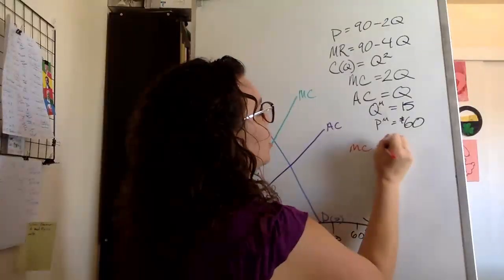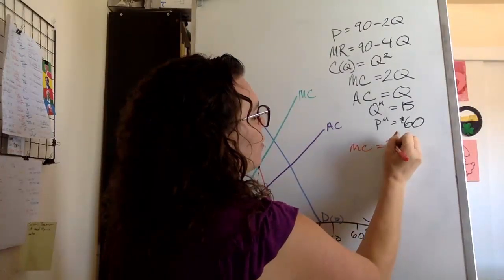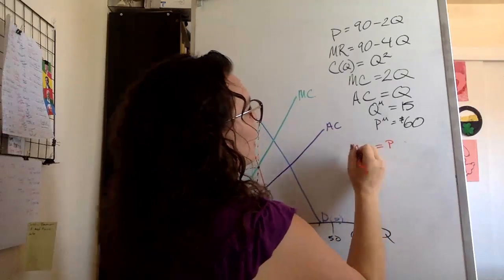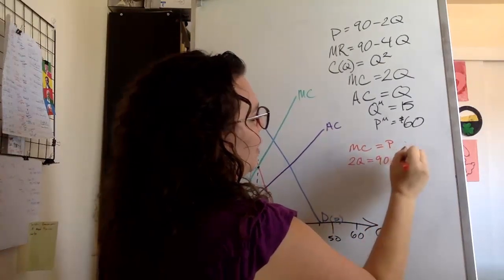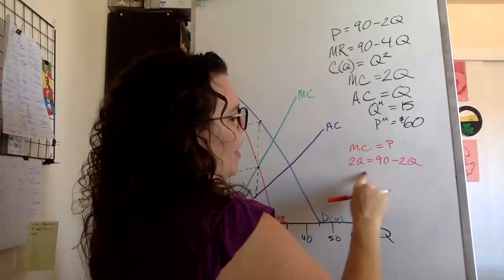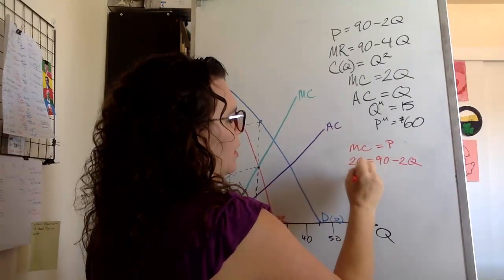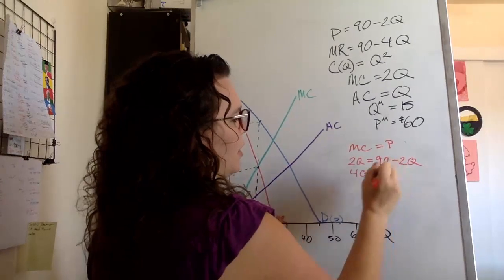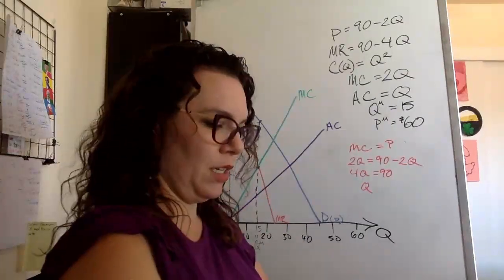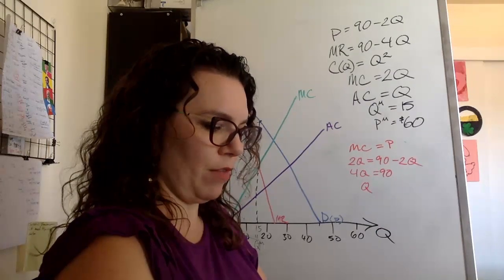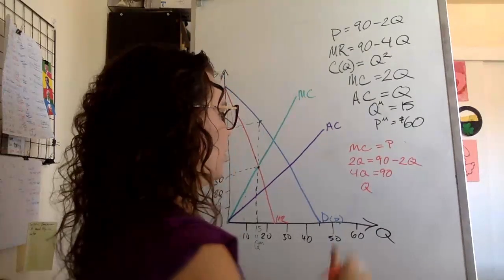So if we set marginal cost equal to our inverse demand function, that's going to give us 2Q equal to 90 minus 2Q. I'm going to add 2Q to both sides and get 4Q equals 90, which means that Q is going to be equal to 90 divided by 4, which is again 22.5.